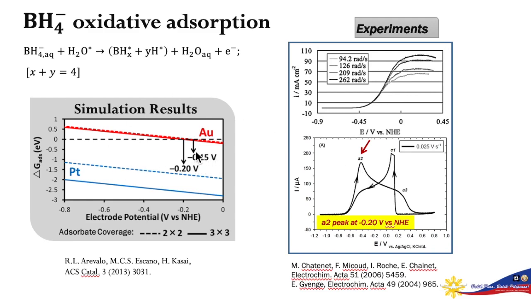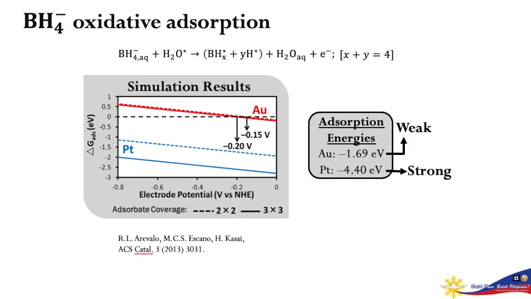Now, the difference between these oxidation potentials for gold and platinum catalyzed borohydride oxidation is related to the values of the adsorption energies of borohydride on these surfaces. For the case of gold, the adsorption energy is actually just weak, while for the case of platinum, the adsorption of borohydride is strong.